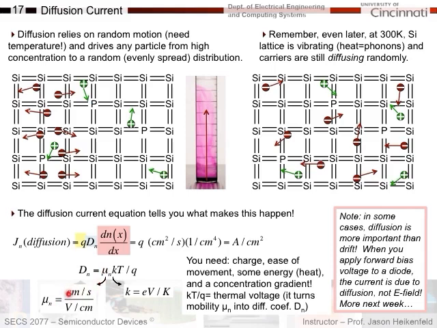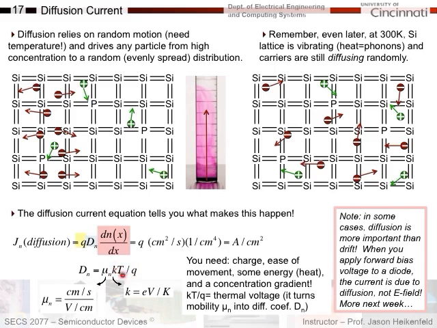So why do we need mu sub n, because we're saying we don't need voltage to move here? Well, the reason you need mu sub n is that we can turn temperature into volts by multiplying it by Boltzmann's constant and dividing by the charge of an electron.